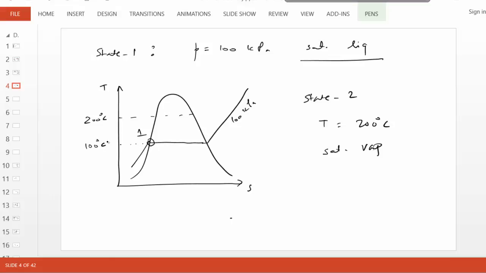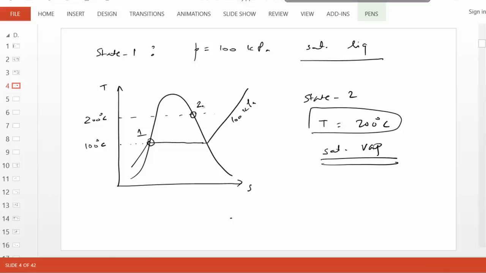Okay, that's fine. So where is my state now? We know that given is 200 degrees Celsius, so it must be anywhere on this dotted line. But we know it's saturated vapor, so that must be the g point. So that must be state 2. It's very important to locate exactly where your state is, not exactly, but approximately where your state is, and it gets much easier to find properties.